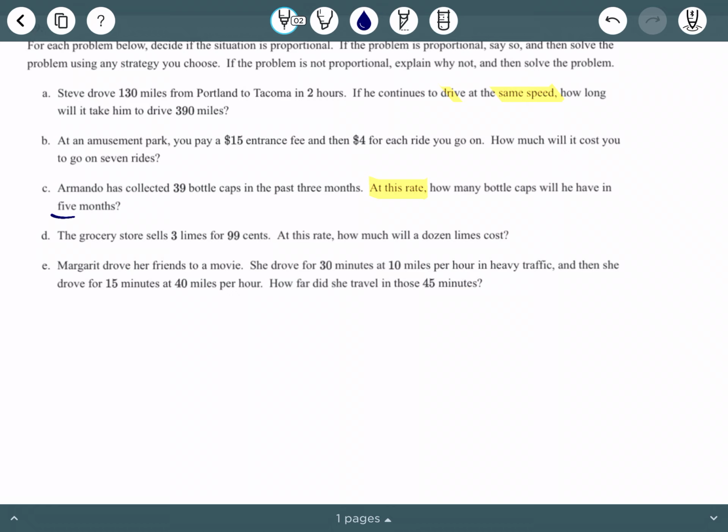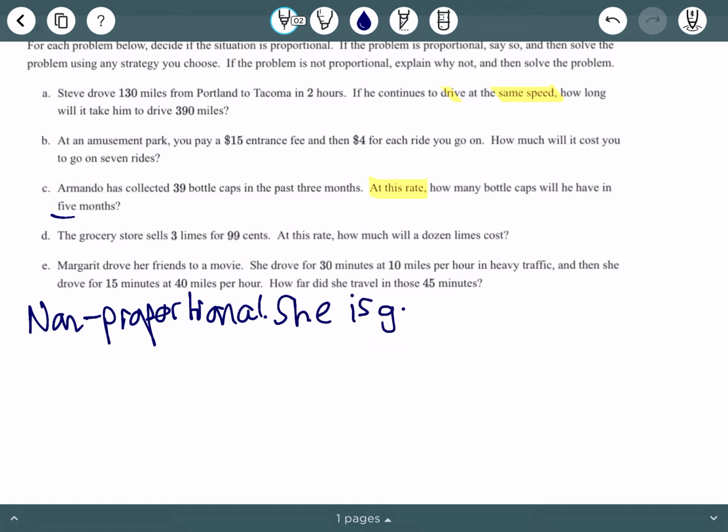All right, first we need to determine, is this proportional or is it non-proportional? So this one is definitely non-proportional. Now, why? She's not going at the same rate the whole time, or we could say she's going at different speeds.